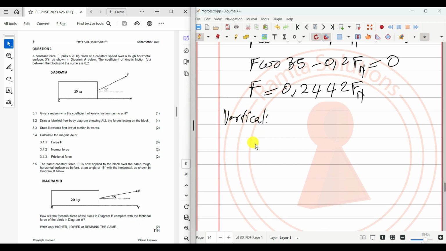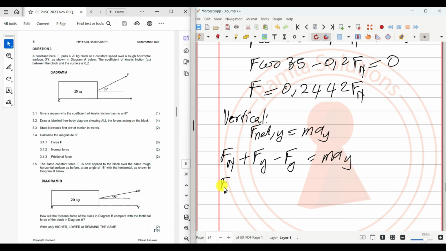Okay, perfect. Now let's look for it in the vertical. So in the vertical, we will say again, F net comma y equals ma y. In the vertical, we have the normal, plus F sub y, minus F sub g, which is equal to ma sub y.